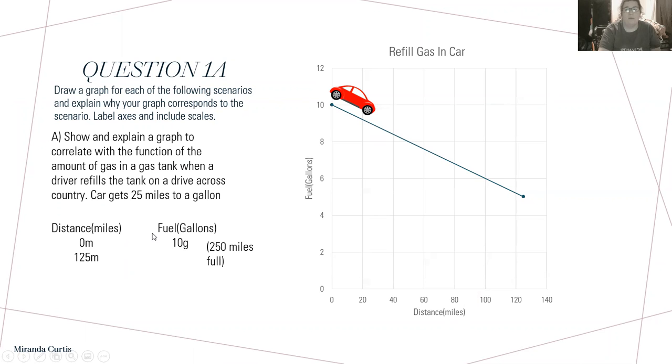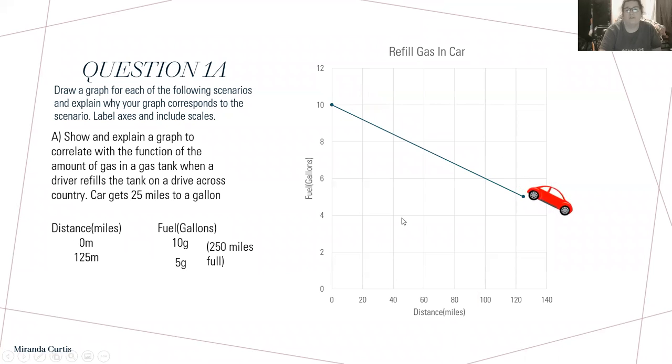So our next point, at 125 miles, how much gas does he have left before he has to refuel? We got 5 gallons, which is half, because if you subtract 125 miles from 250, that is half. And half of 10 is 5.